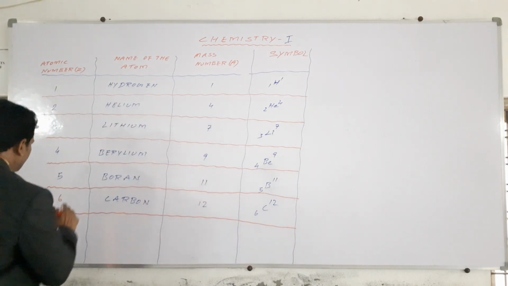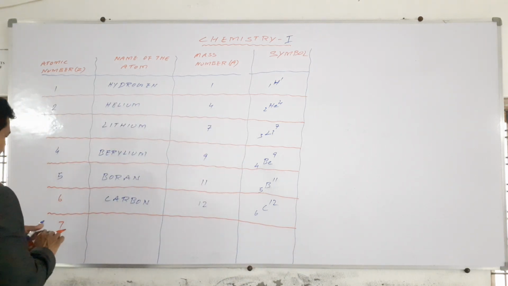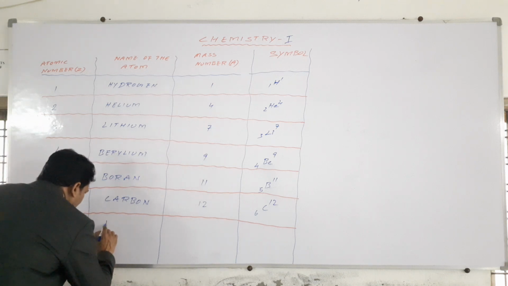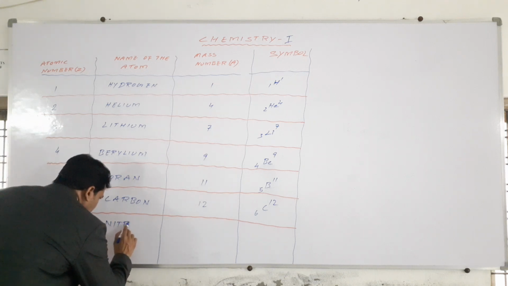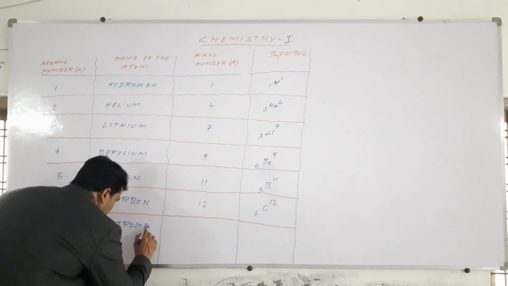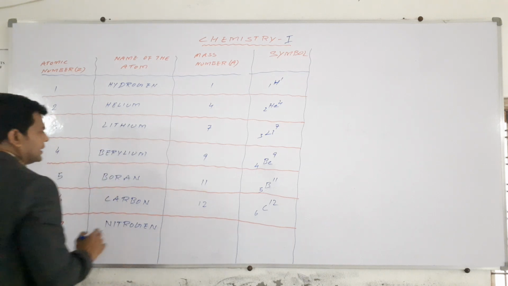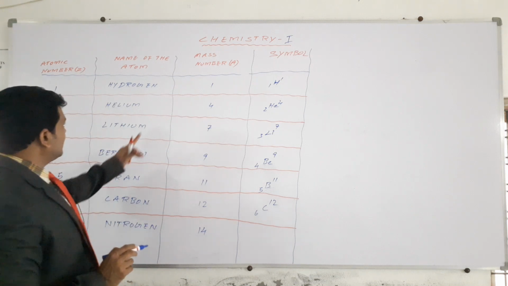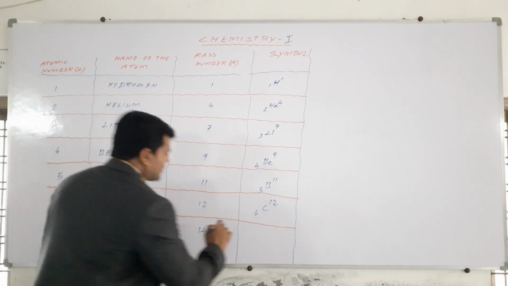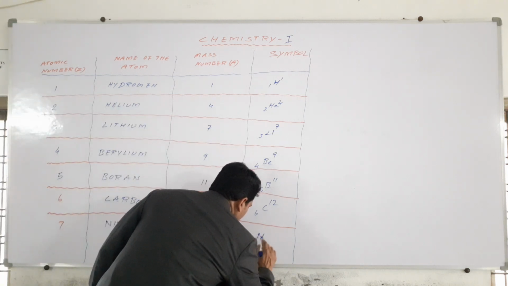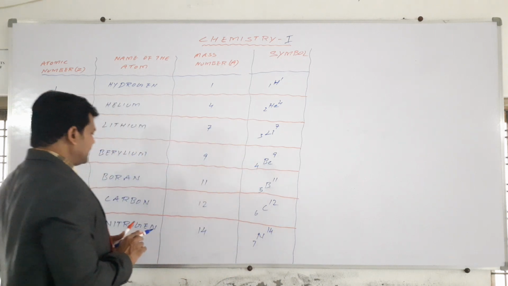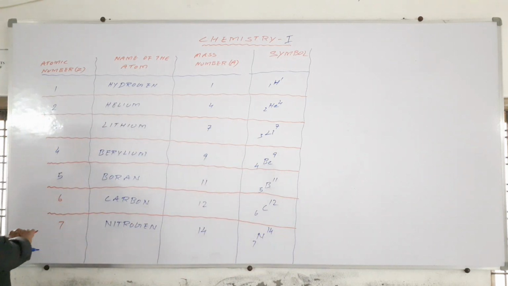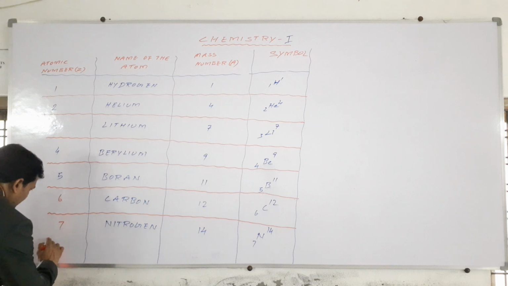Okay. Then 7, nitrogen. Atomic number 7, mass number is 14, and symbol is nitrogen 7 14.